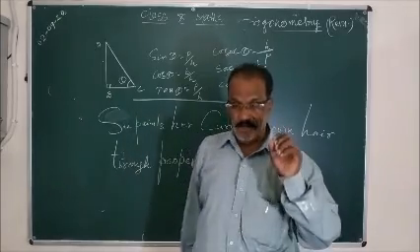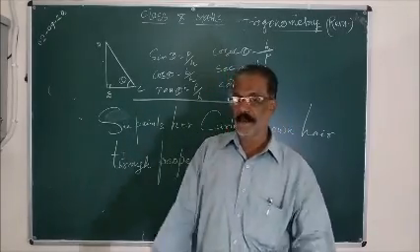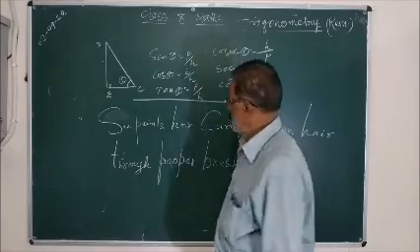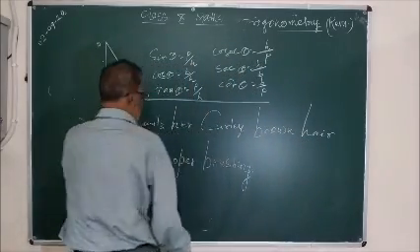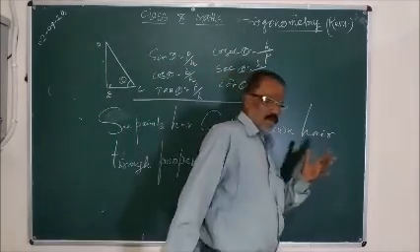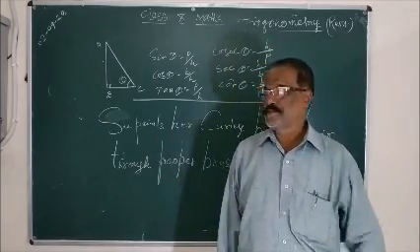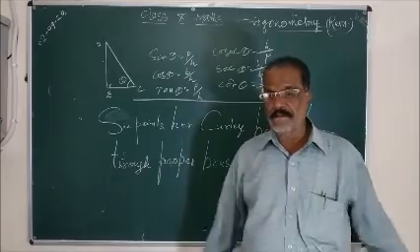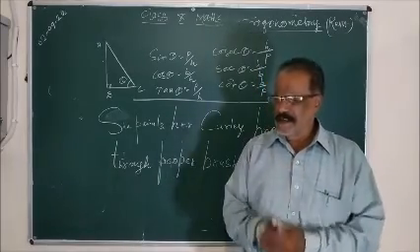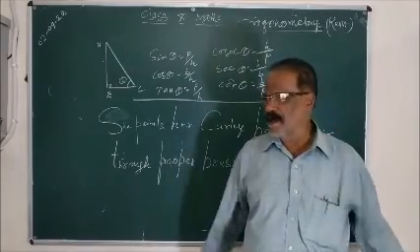Using some properties of triangles, for this angle theta, what is theta? My dear students, you must have learned some symbols, and you will also learn more in higher classes.